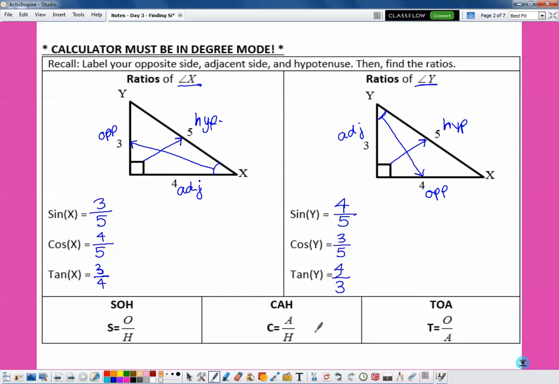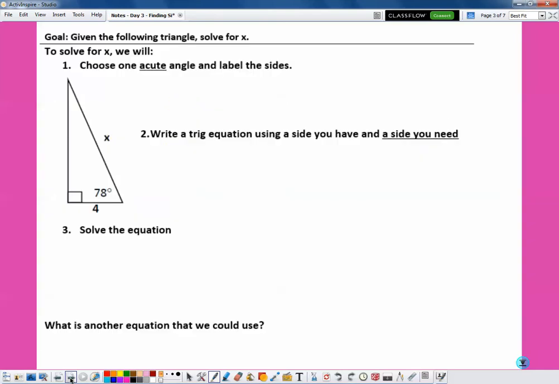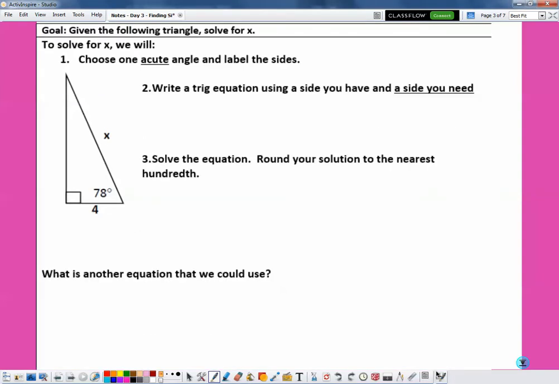So let's see how we can use these ratios to help us find side lengths. Alright, so if we want to solve for x in the following triangle, first we need to choose one acute angle and label the sides.